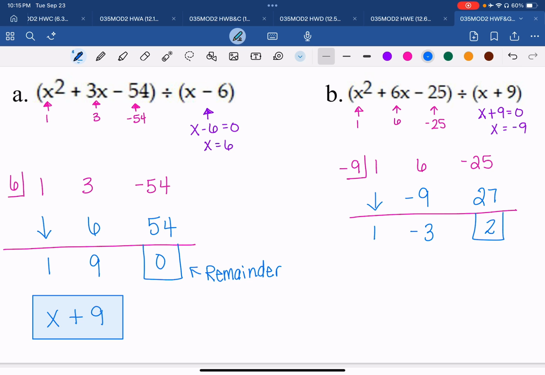The last number is always going to be your remainder. So I get 1x minus 3. Since I have a remainder, I'm going to do plus the remainder over x plus 9.